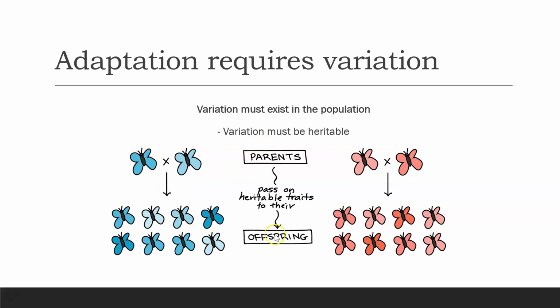So if we have a group of butterflies that have different colors, they have variation. So the other key here is that the variation has to be heritable. If it can't pass from one generation to the other, it's not going to help them adapt to changing environments.